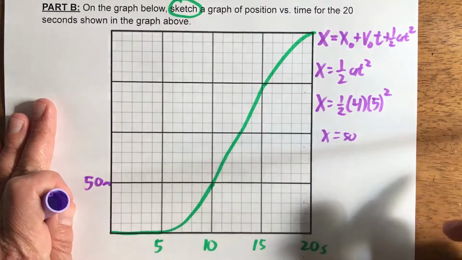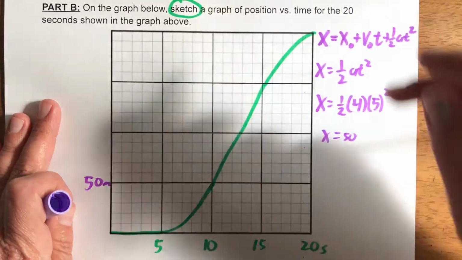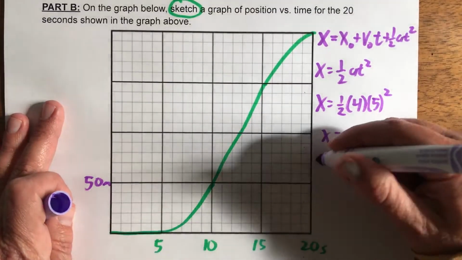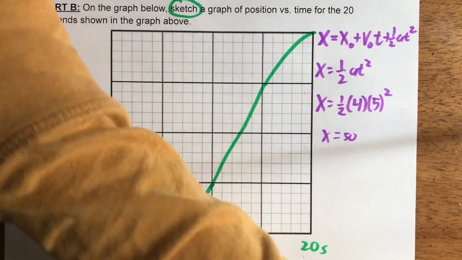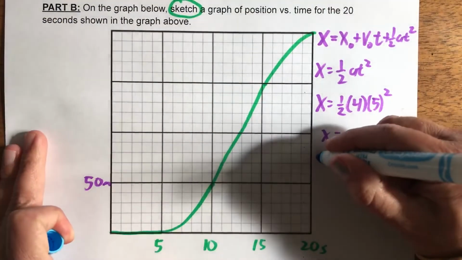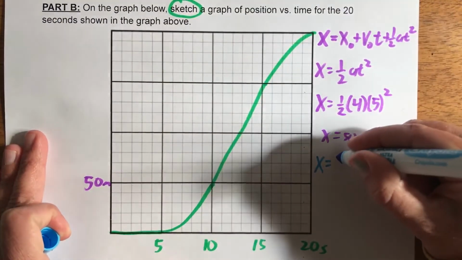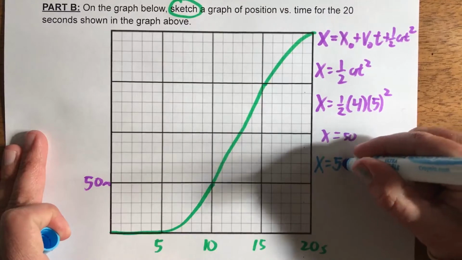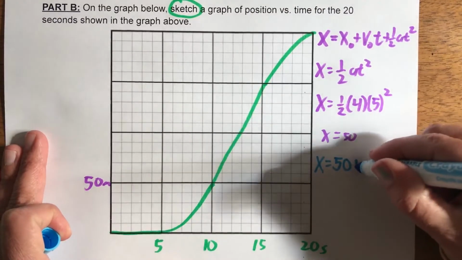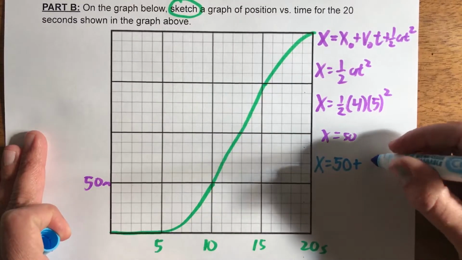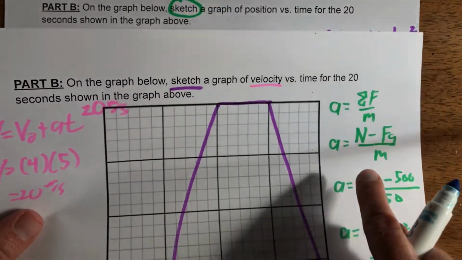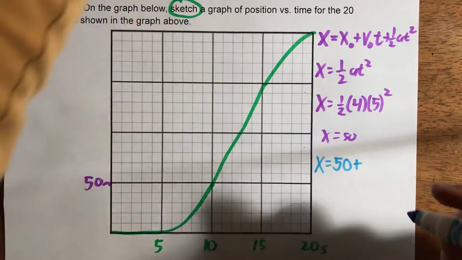Now, where do we get by the end of this? Let's use this same equation here to figure out where we are at the end of that next time. So our position will be, now I'm going to plug in for our initial position for this part, we're already at 50 meters. So our initial velocity now, remember, if we go back to this graph, we are going 20 meters per second at the end of that time.